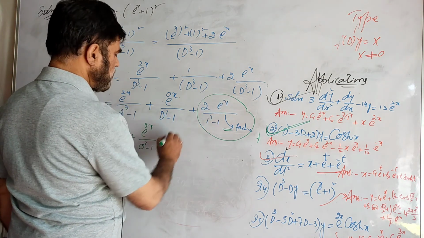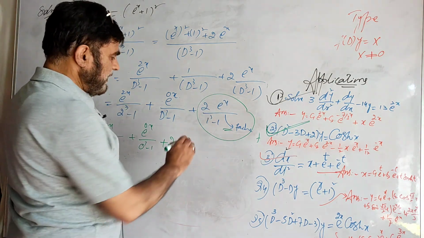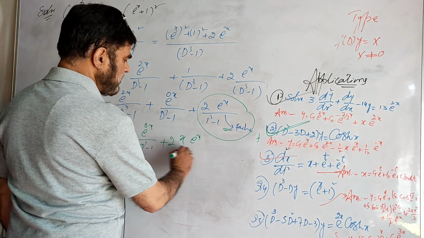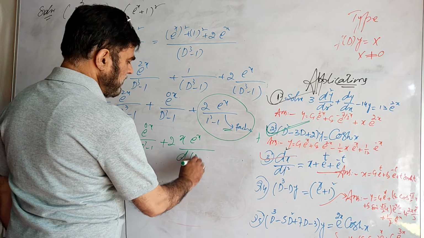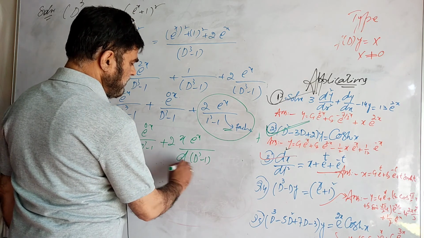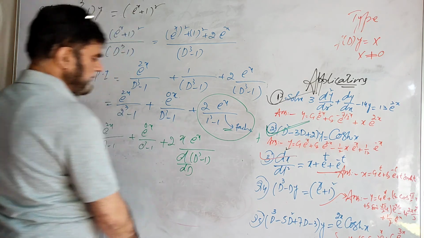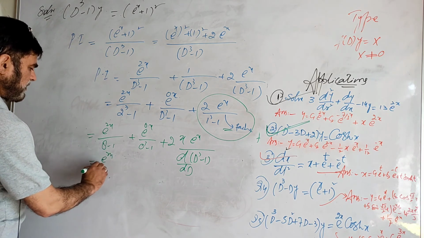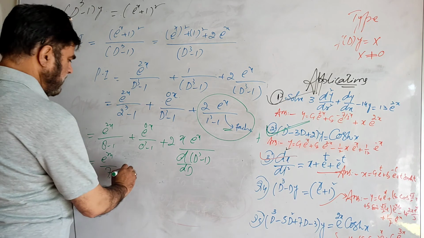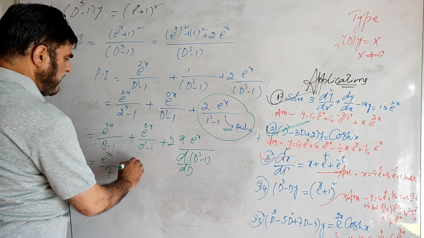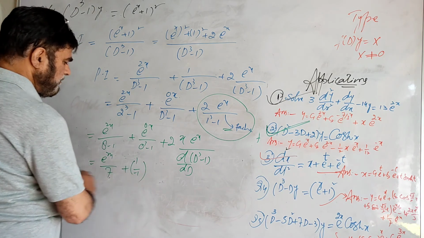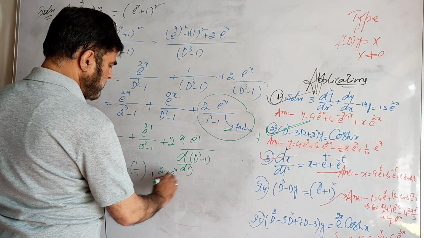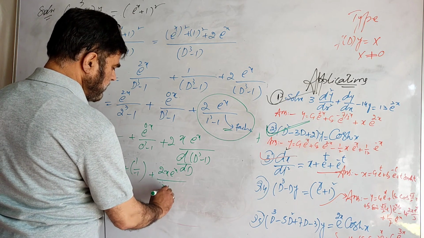Here I will write this 2 out, it is a constant, then x of the formula e raised power x as it is, differentiation of d cube minus 1 with respect to d. This comes out to be e raised power 2x by 7, then plus e raised power 0x by minus 1, it is, well, it is 2x e raised power x by 3d square.